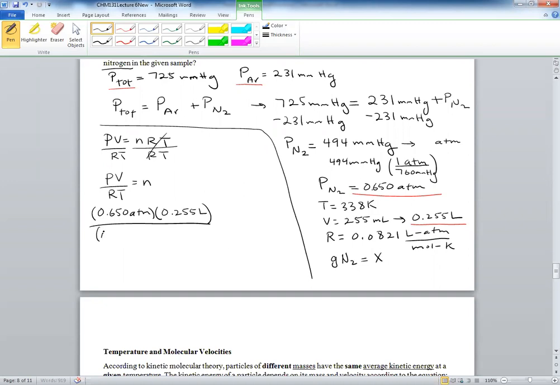Gas constant is 0.0821 liters atm per mole K. And of course, the temperature is 338 Kelvin.